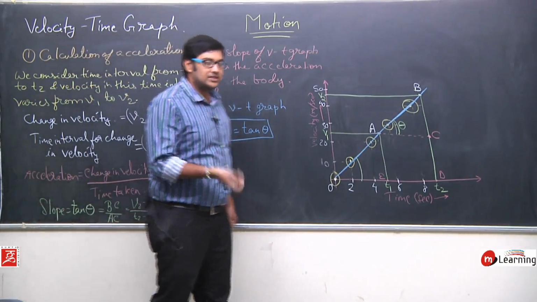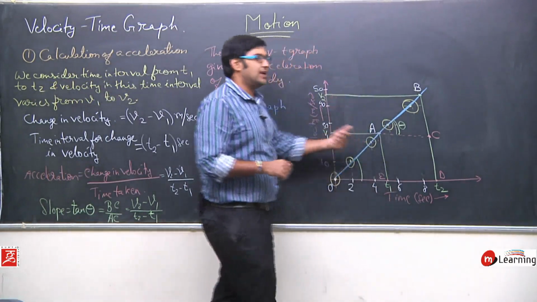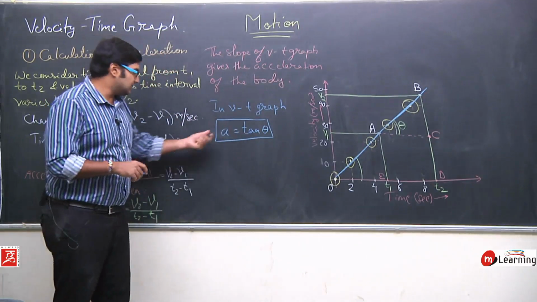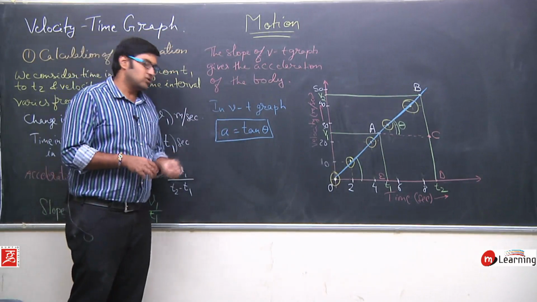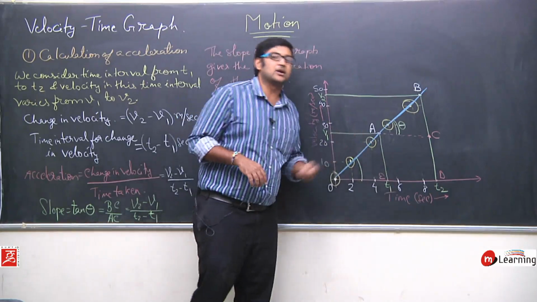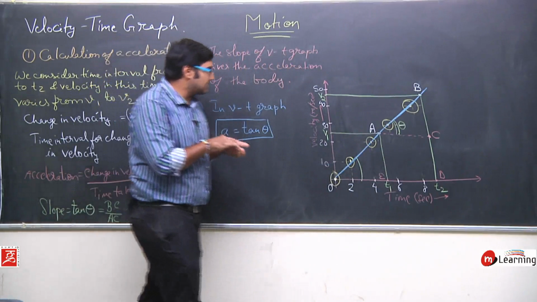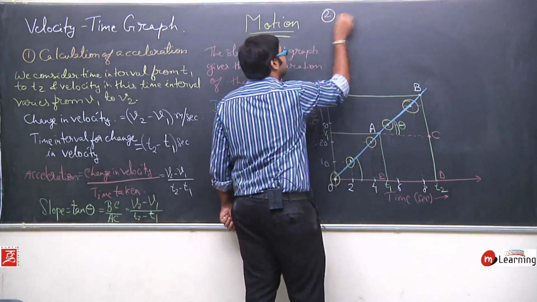The slope in the distance time graph gives you the velocity, but in the velocity time graph we have the slope as acceleration. Okay, so this is how we can calculate the acceleration of the body in a uniformly accelerated motion using its velocity time graph. Now how to calculate the distance? Next concept is to calculate the distance.